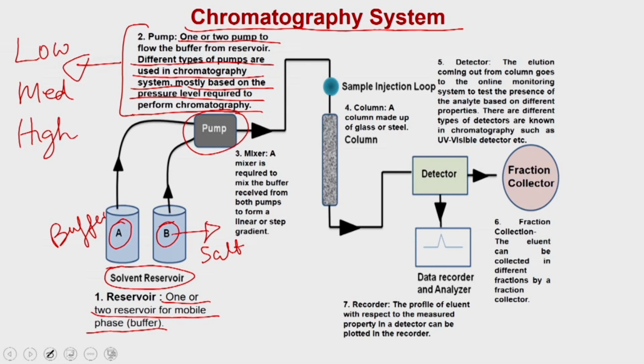Now, after the pump you have the mixer chamber. The purpose of the mixer is to mix the buffer received from both the pumps to form a linear or a step gradient. The mixer is nothing but a kind of magnetic stirrer.